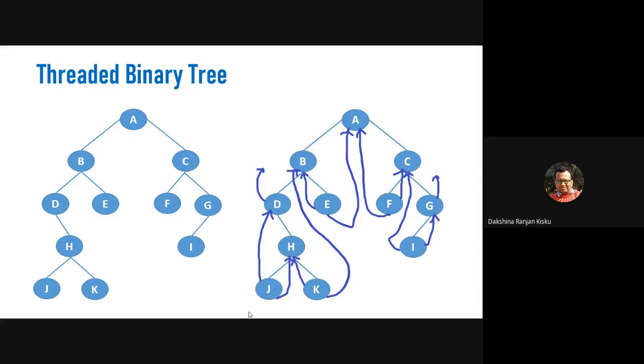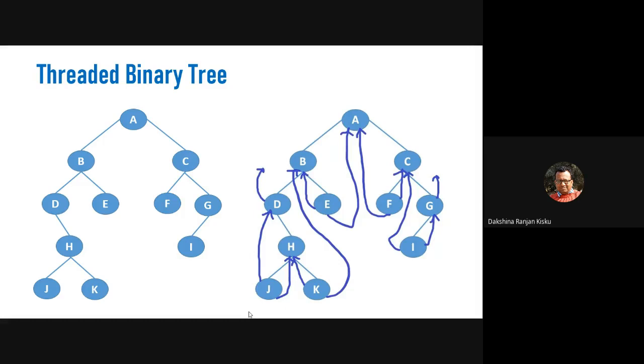Straight line edges are very common, which connect any two nodes in the binary tree. These straight line edges represent a relationship like the parent-child relationship. Whenever a node has a left child and right child, we indicate that with these straight line edges.